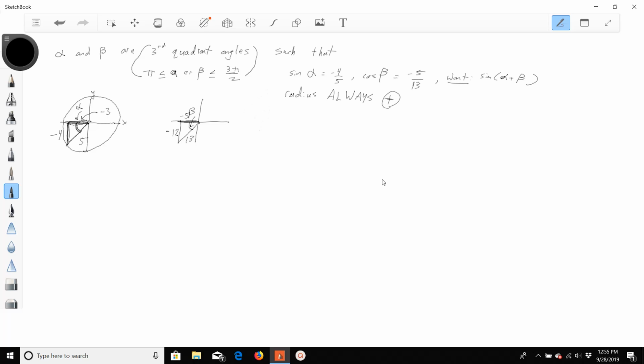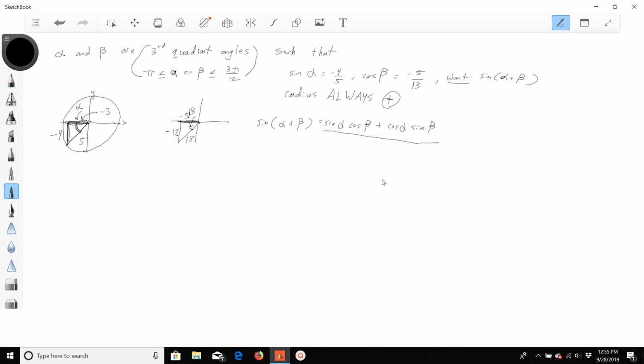Okay, now we know sine of alpha plus beta is sine alpha cosine beta plus cosine alpha sine beta. So we just need to find those values, which we know from these two illustrations.